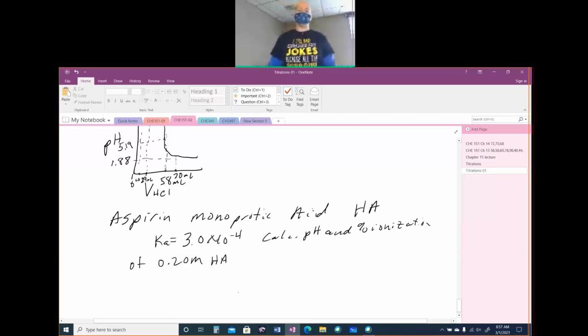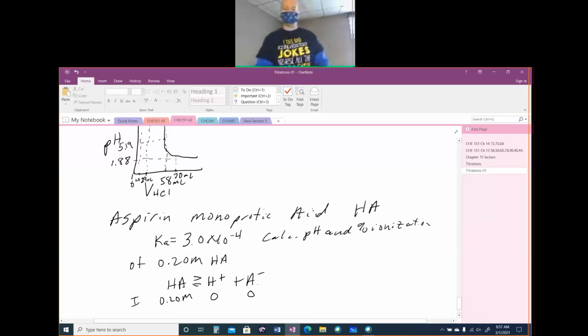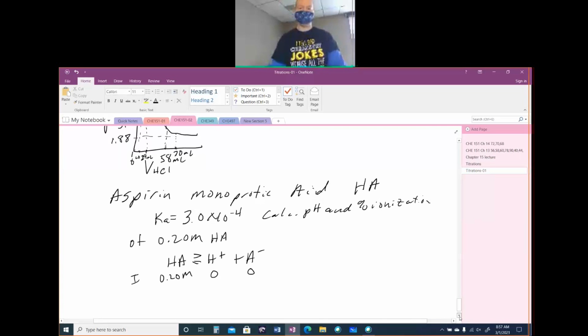All right, again, there's 3 reactions, and when you're given HA and nothing else, there's a 100% chance that you're writing the Ka reaction. All right, and so initial, all you have is HA, 0.20 molar. 0 H plus, 0 A minus. None of that was in the problem. It simply said you have 0.2 molar. What is the pH and percent ionization?